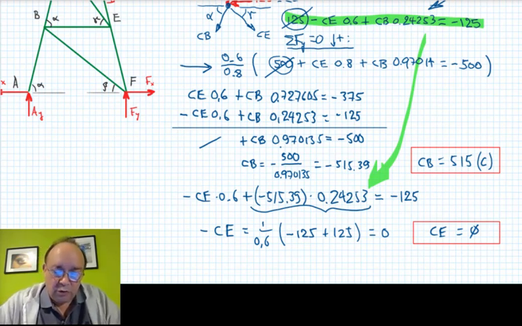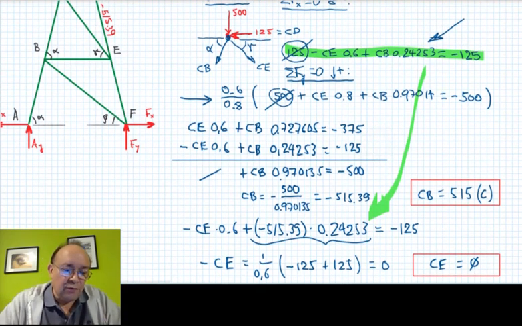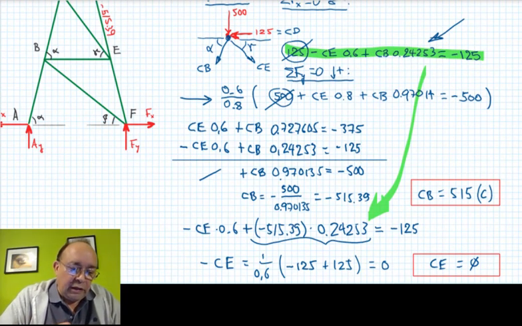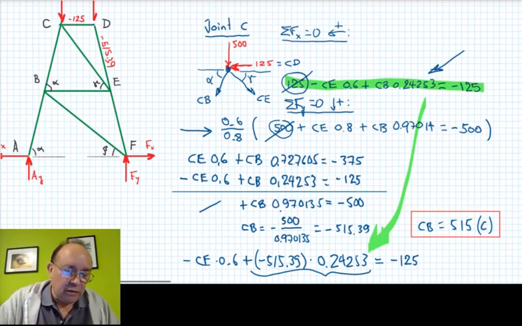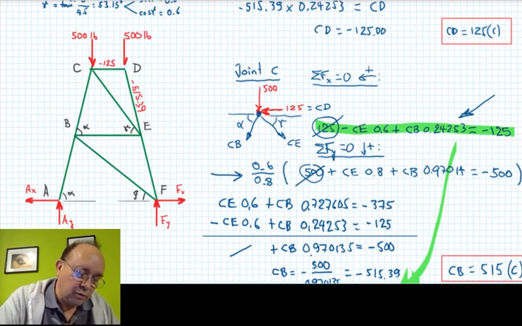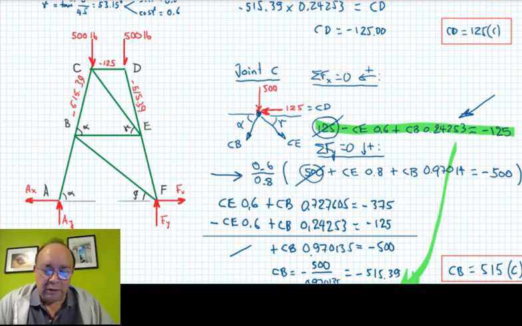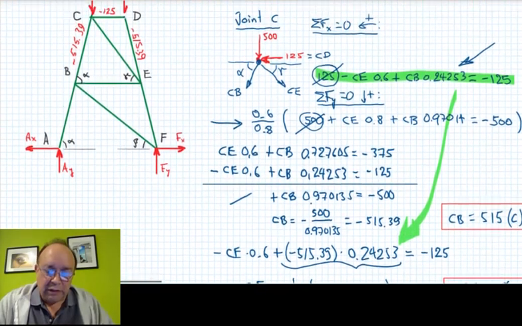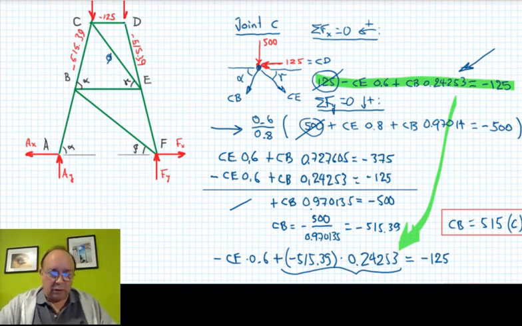So let's put those two new results on our big diagram. We have CB 515.39 compression, and CE 0, this one is 0. And we proceed to the next joint.